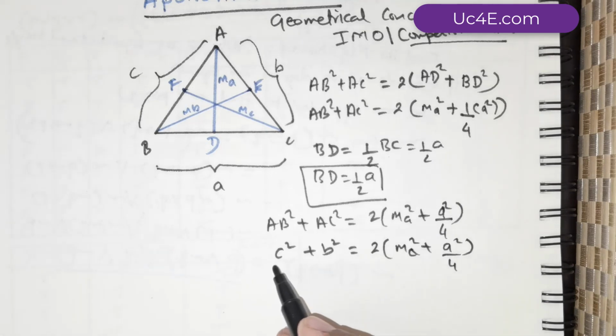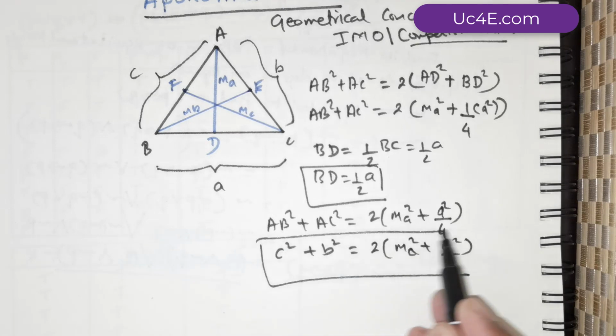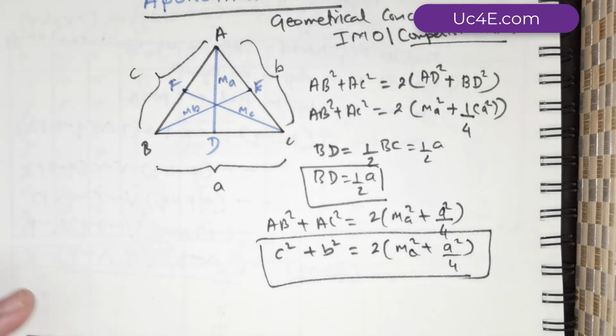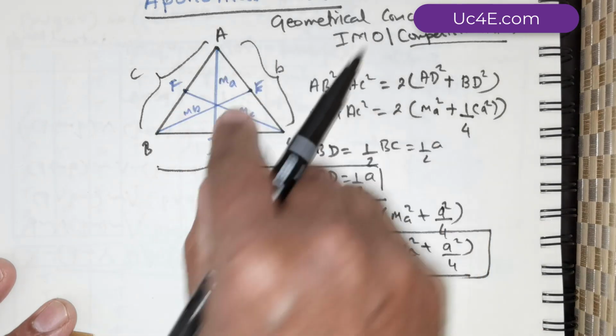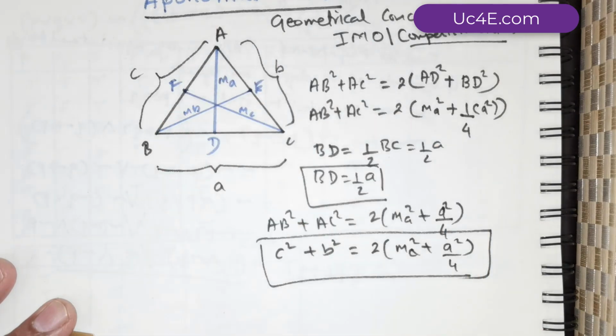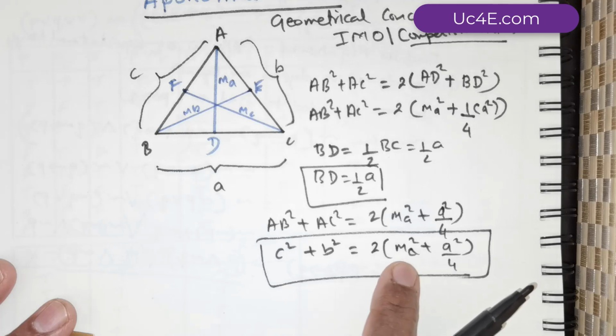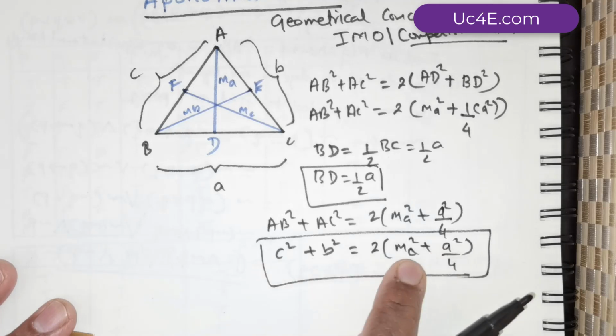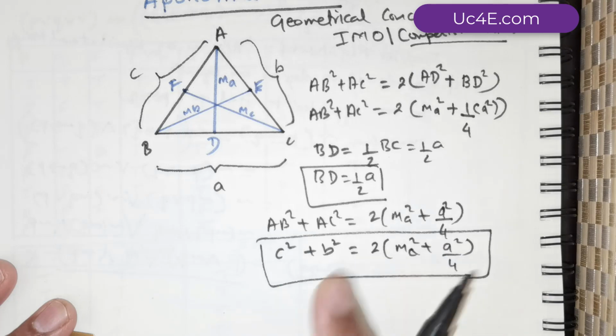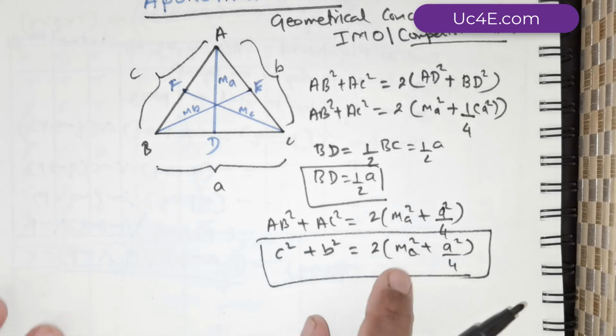You can either write it as C squared plus B squared or B squared plus C squared. It doesn't matter. So this is the formula that I have got for the median AD, which is of length MA. So clearly you can extract MA because you know C, you know B, you know A, and the median MA can be calculated, right? So that's a beauty.